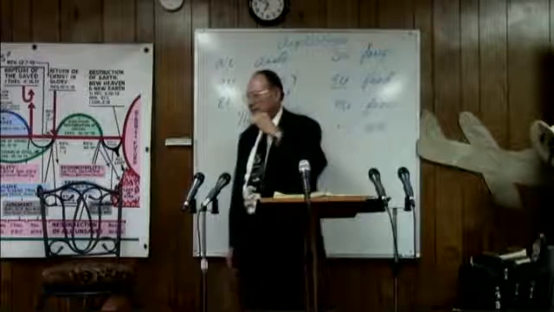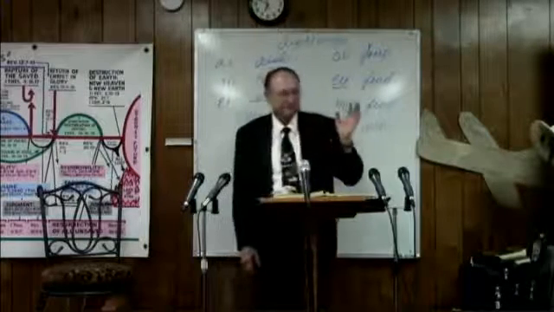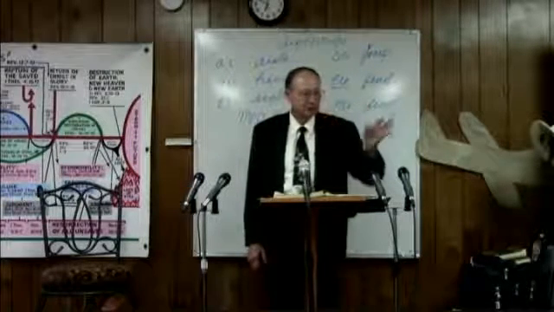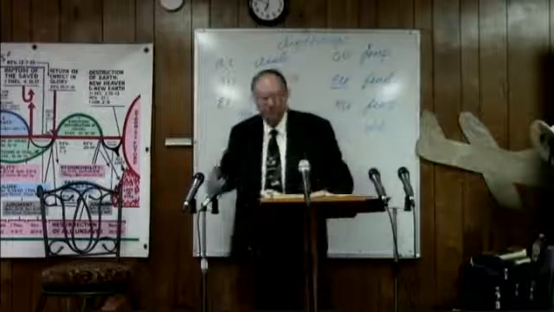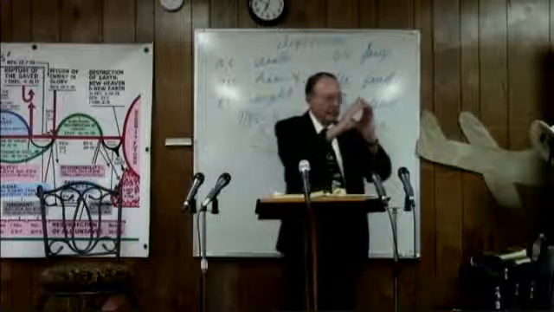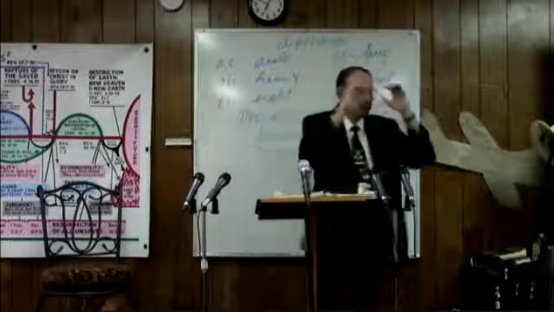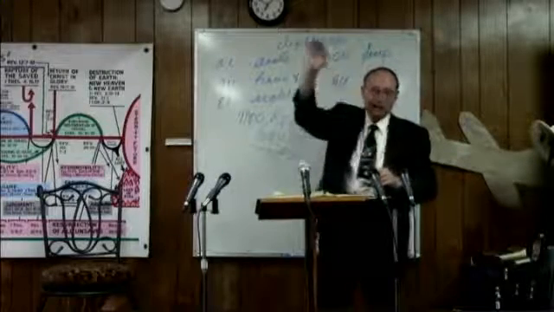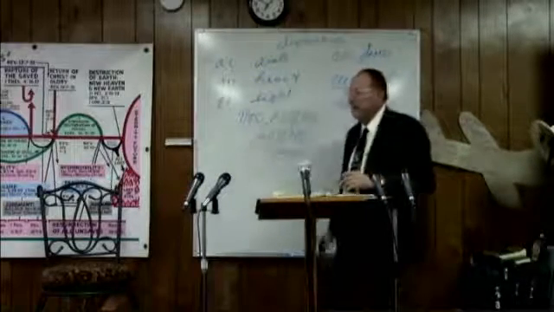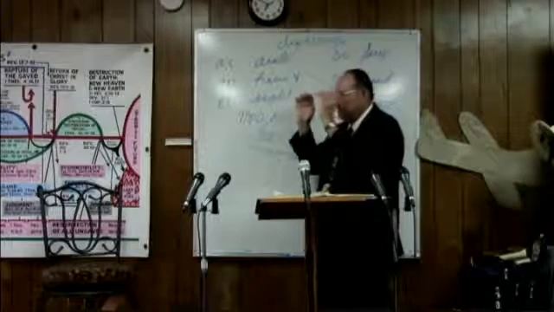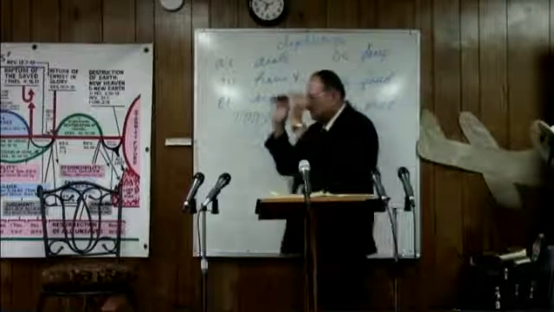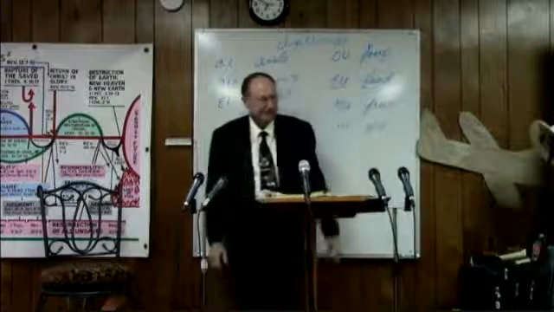What word in English do you think comes from skopos? Scope. Rifles have scopes, and then you have telescopes that look at the stars, and you have binoculars, which are telescopes, but there's two of them. All right?